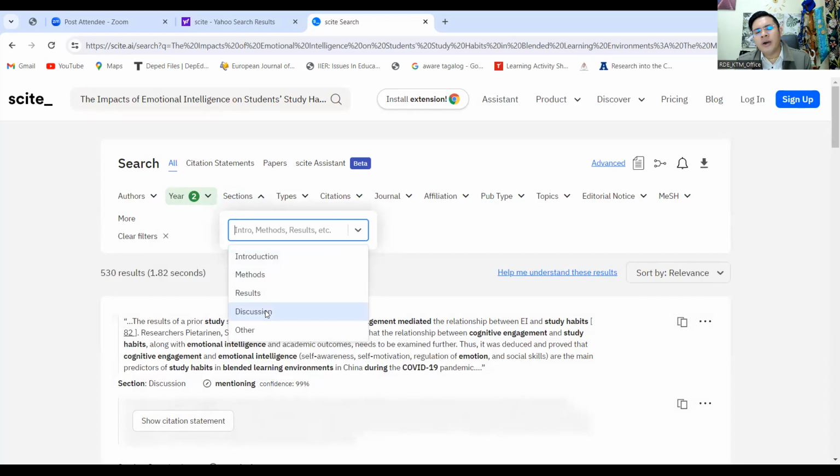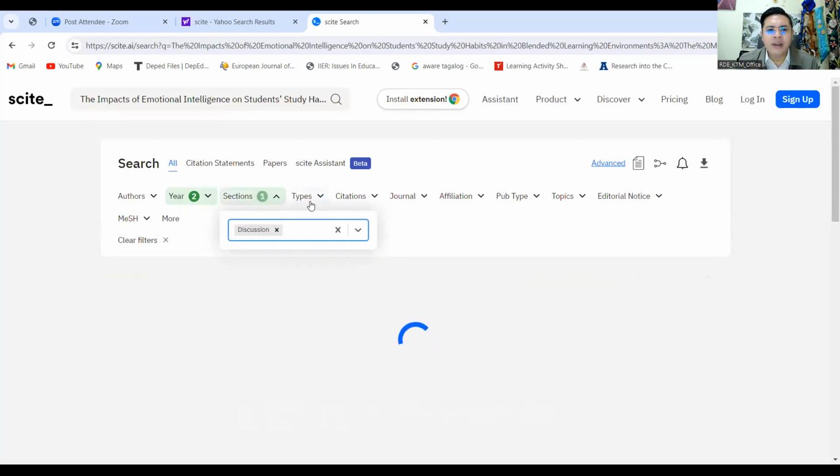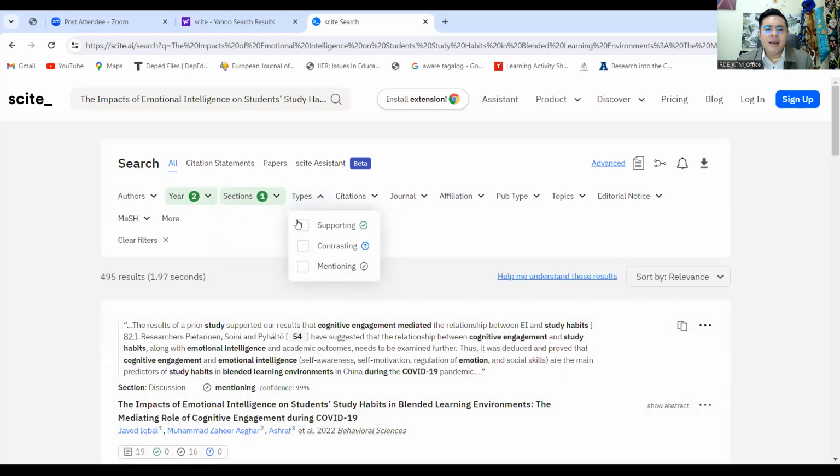So suppose we are now in the discussion section, and it's up to you to decide what specific standpoint your paper in the discussion section would like to emphasize. Are you supporting a theory or an idea? Are you contrasting it? Or are you just mentioning it? So you just choose any of these.